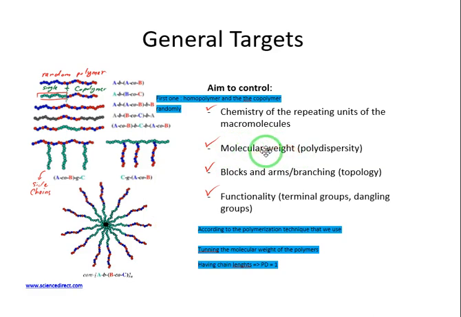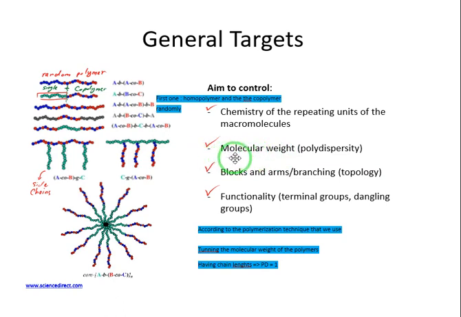Because they will form the coils and the micelles based on the molecular weight, if we control this factor, we will make sure that they will behave identically. But how can we control the molecular weight? It's easy, literally it's easy, the concept is simple.